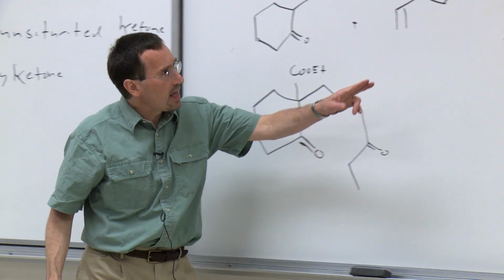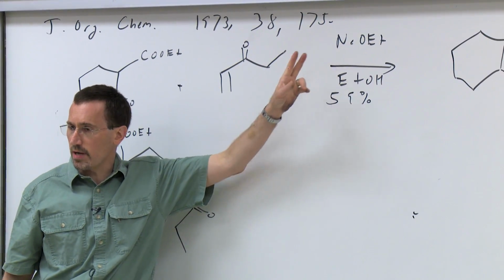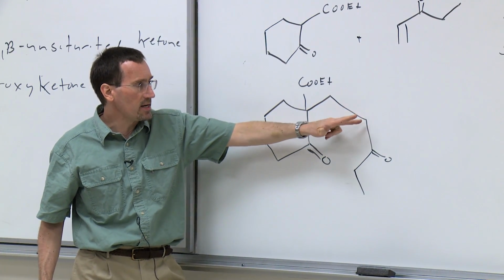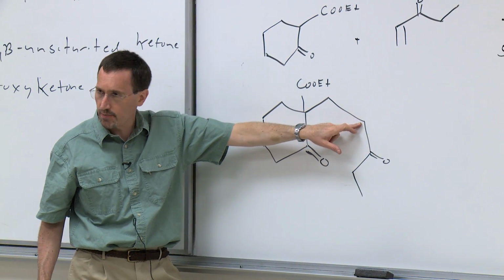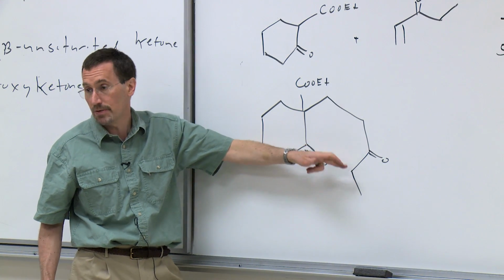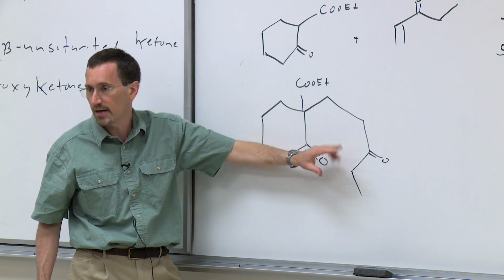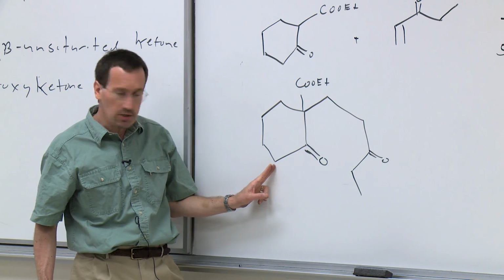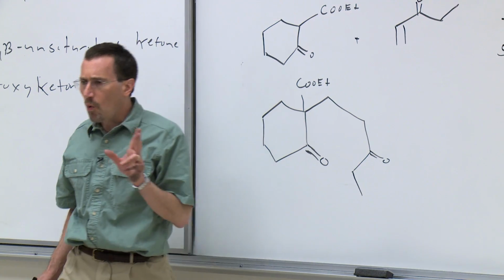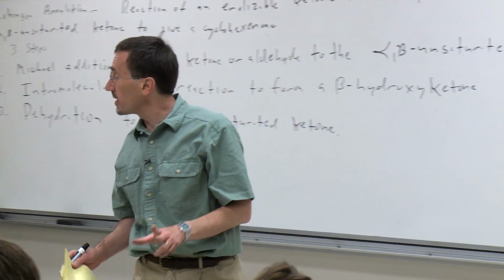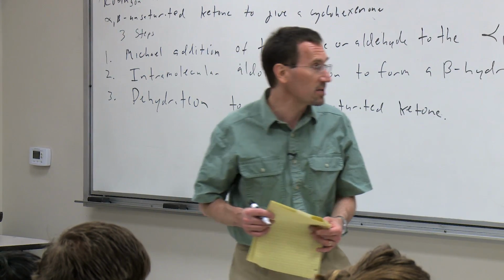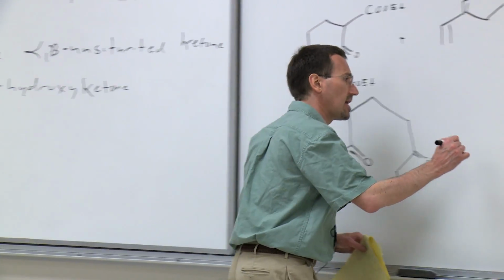In a solvent like ethanol with sodium ethoxide, every acidic position gets protonated and deprotonated. This position gets protonated and deprotonated. This position gets protonated and deprotonated. But there's only one particular reaction that can give rise to a six-membered ring, and six-membered rings are especially thermodynamically stable.